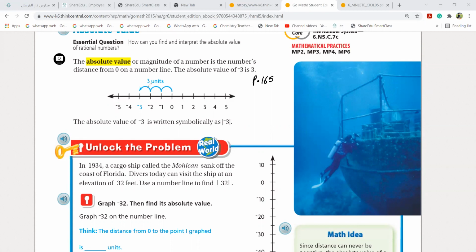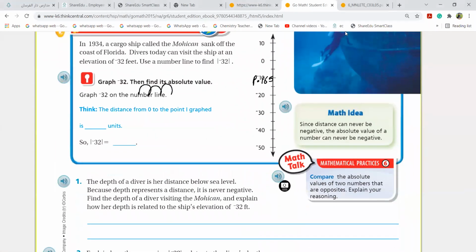How many steps does it move? Even if it is -3, how many units does it move? 1, 2, and 3. The steps that they move from zero. That means even if it's negative, it has to become positive.